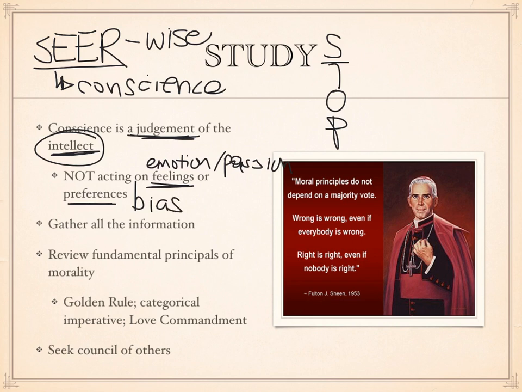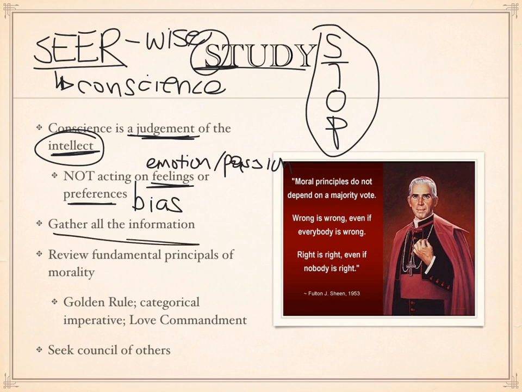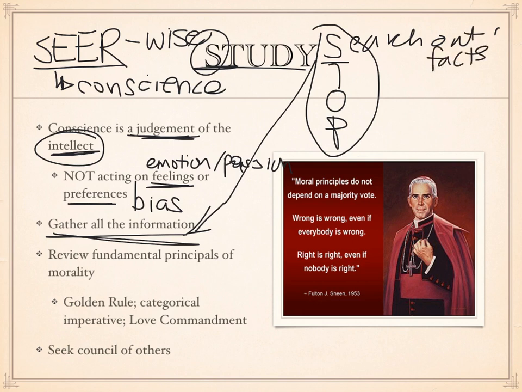So the first step in the SEER method, the S, is study. And for this part of the SEER method, you're basically going to go through the STOP method once more. So gather all the information. So that would be the S, right? The S was search out the facts, and that's the moral object. What is the action?